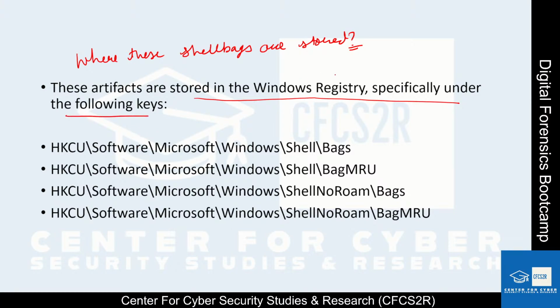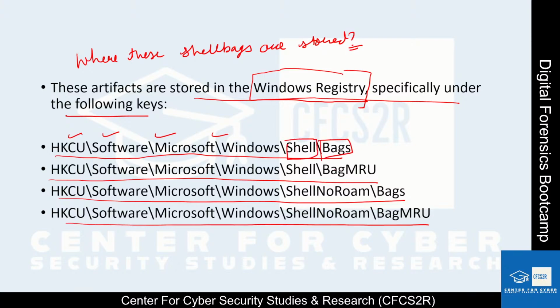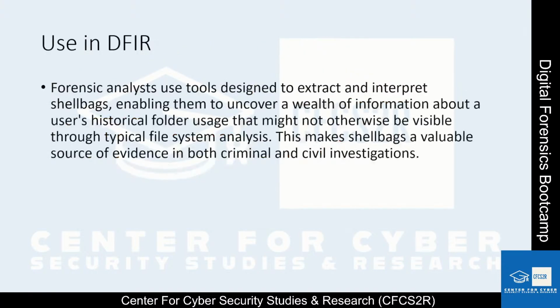When we talked about the Windows registry in our last lecture, we saw some of its locations, and the shellbags are saved in these particular locations. HKCU, Software, Microsoft, Windows, and then Shell, where you have Shell bags and BagMRU, and ShellNoRoam, in which you have Bags and BagMRU. So these are the 4 locations in which the shellbags are there.